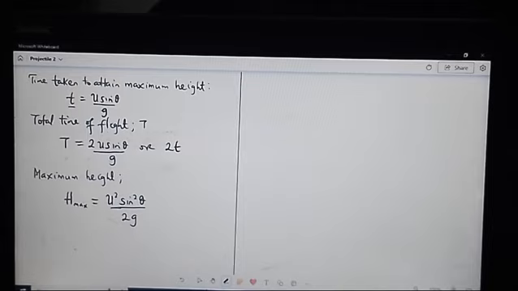Then the horizontal range, we can use r is equal to u squared sine 2 theta over g.